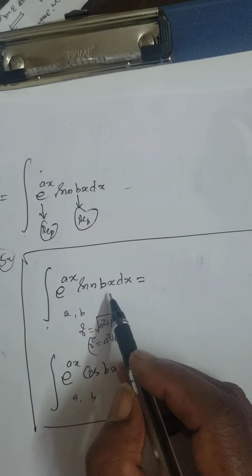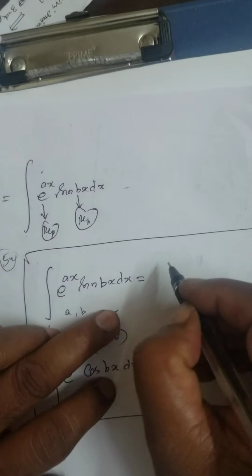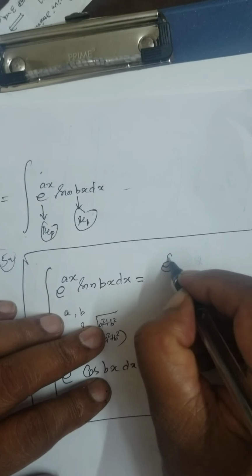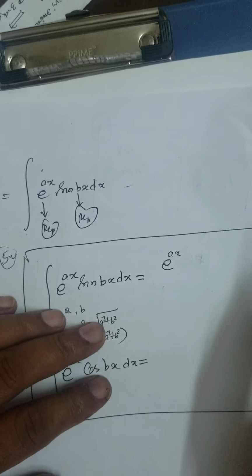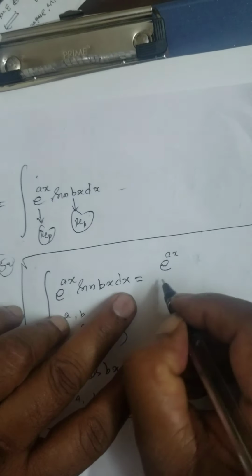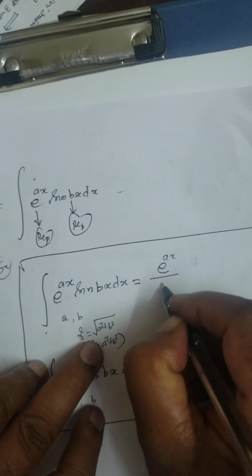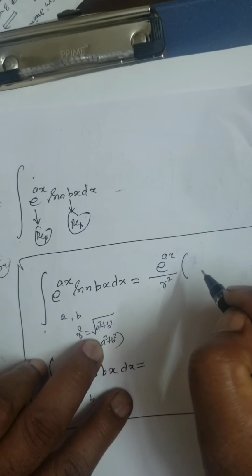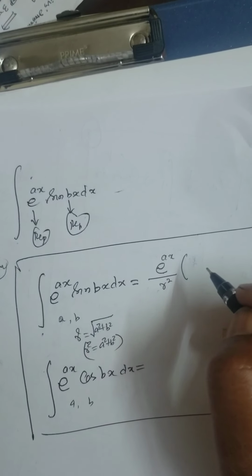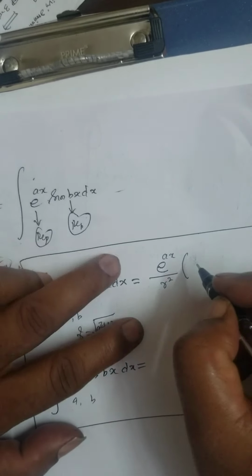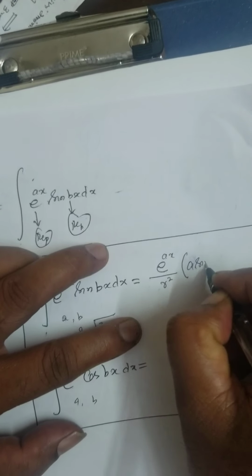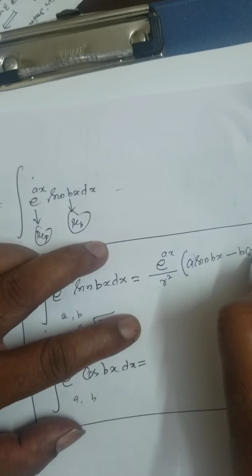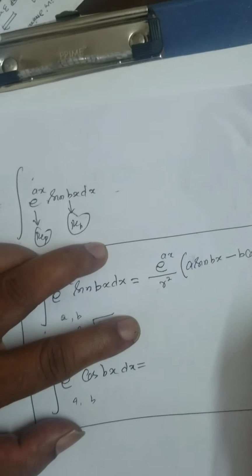Now, for sine I will write e to the power of ax divided by R square into a sine bx minus b cos bx.